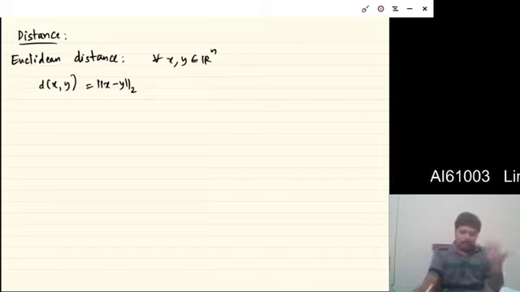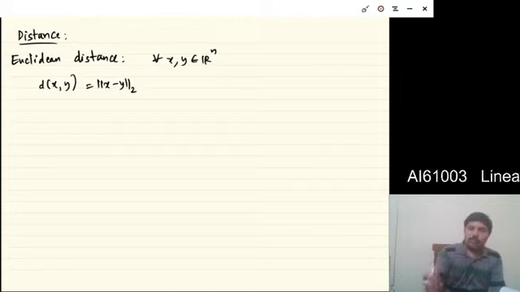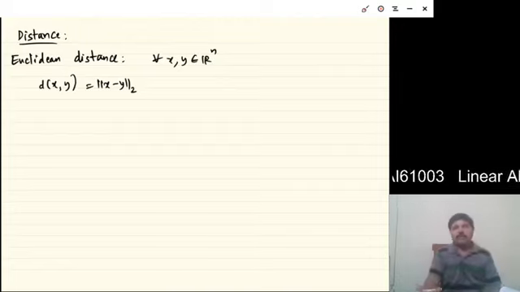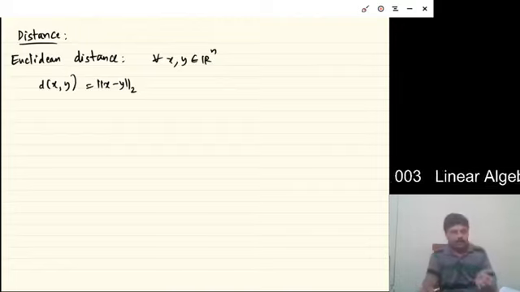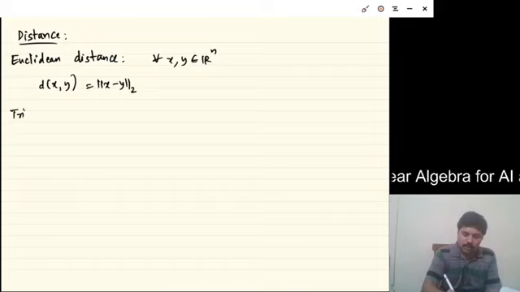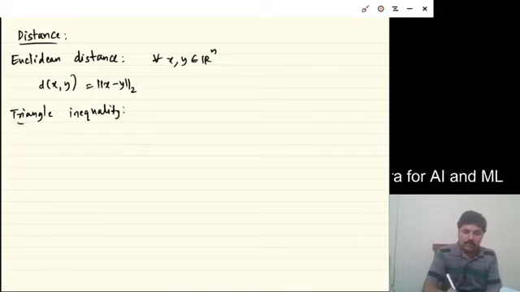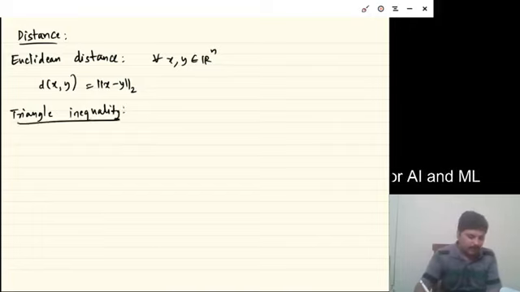So what are the properties? The distance is always greater than or equal to 0. Distance will have the homogeneity property, and the third property is the triangle inequality. So what is the triangle inequality saying in terms of distances?